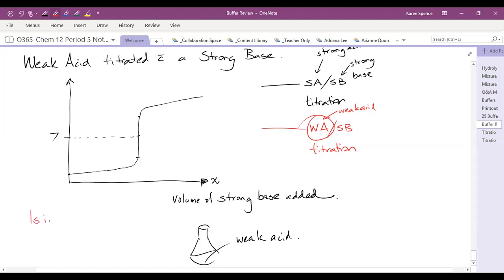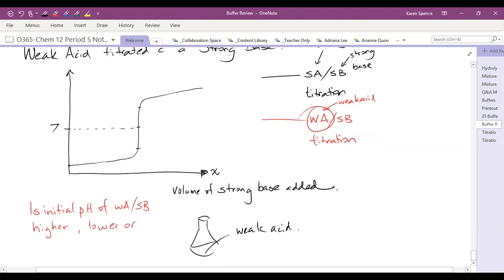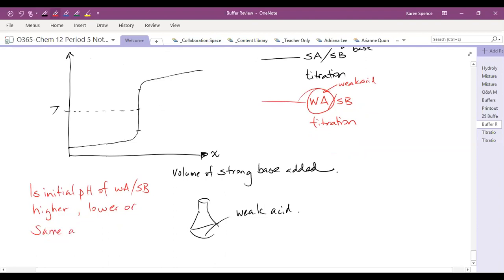Is the initial pH of the weak acid strong base titration higher, lower, or the same as that of the strong acid strong base titration?